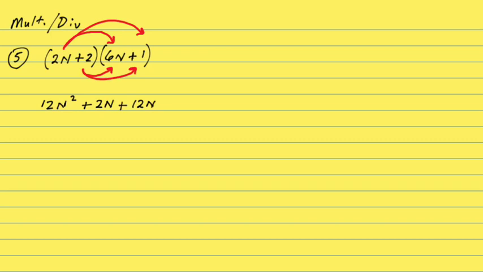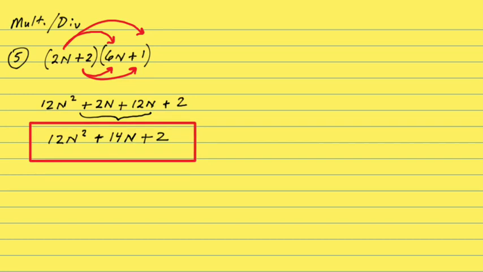And 2 times 1 yields a positive 2. Many, many times the two middle terms will combine. 2n and 12n combine to give me 14n plus 2. Any questions on multiplying?